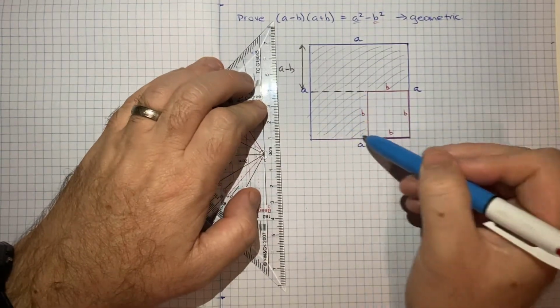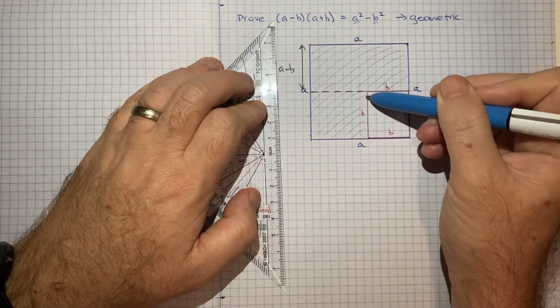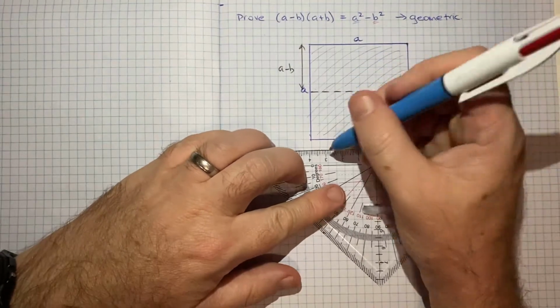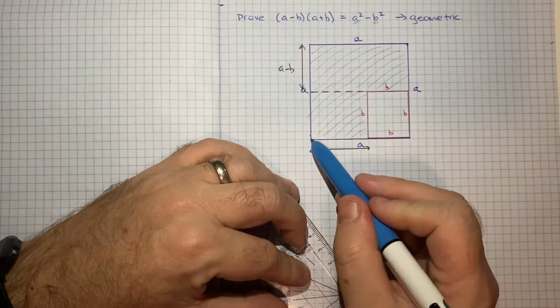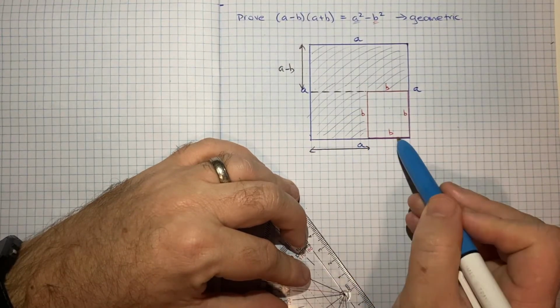For this rectangle here, we know its height is b, and the width here similarly is the total length minus b, so a minus b.